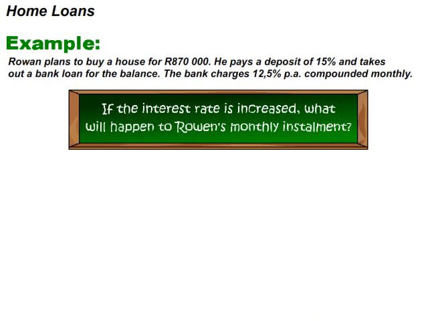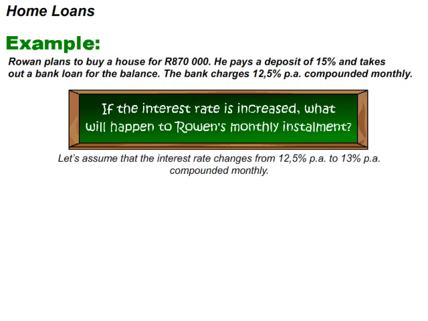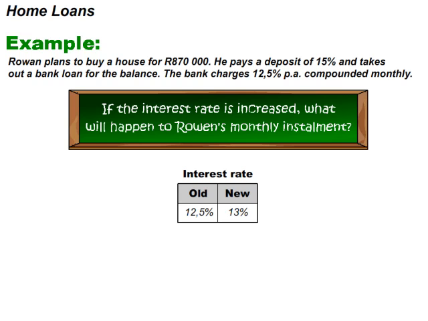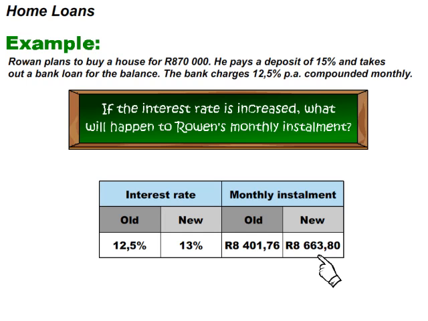Now, the question is, if the interest rate is increased, what will happen to Rowan's monthly installment? Let us assume that the interest rate changes from 12.5% per annum to 13% per annum compounded monthly. Then Rowan will pay a higher installment.